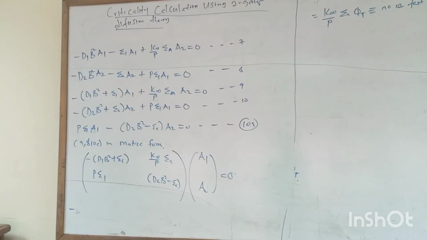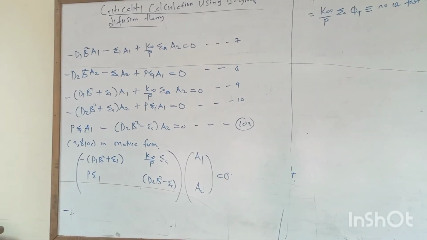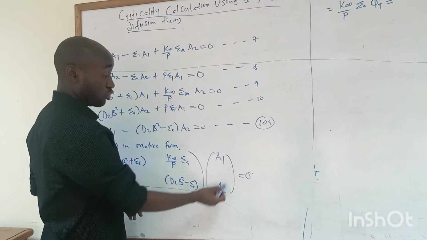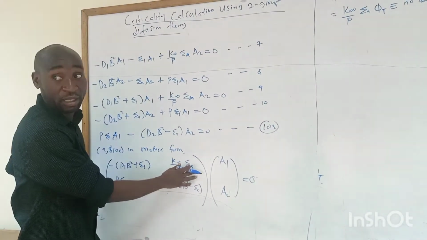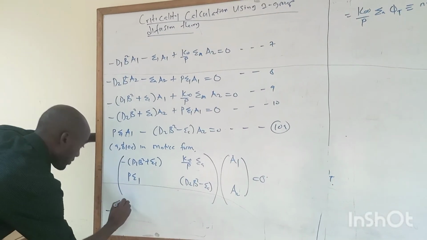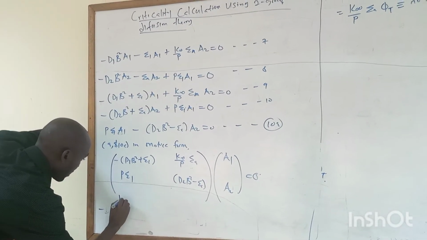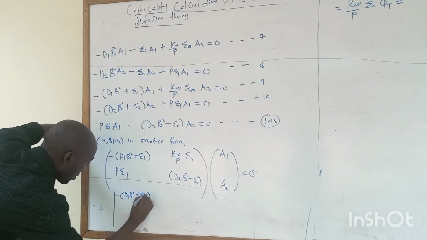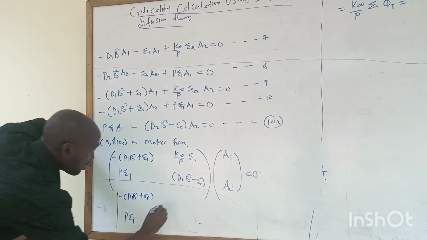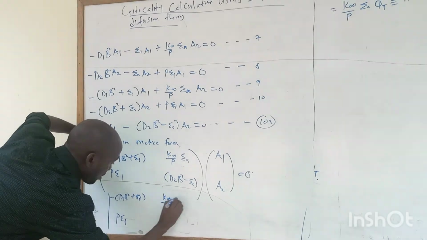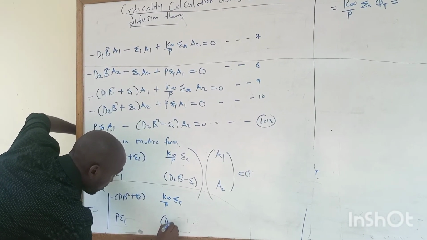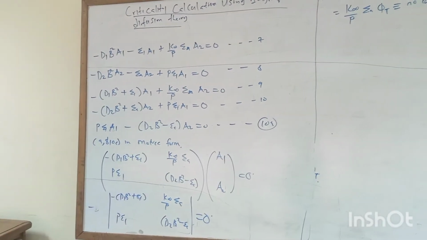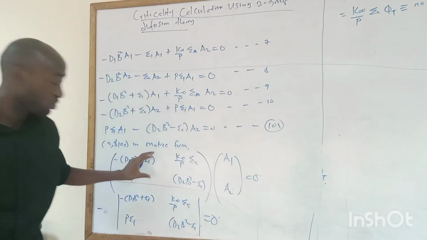For a non-trivial solution, I can assume if these things are not going to be 0, that means the determinant is 0. Am I right? So that's minus d1 b squared plus e1, p e1, k infinity over p, ea, d2 b squared minus ea is equal to 0. Because this one can never be equal to 0, so this one will be equal to 0.